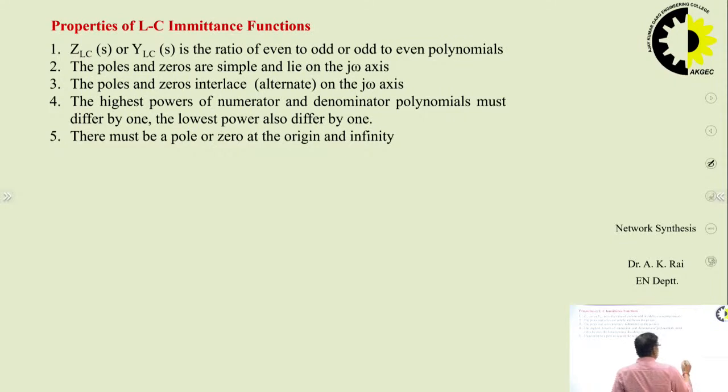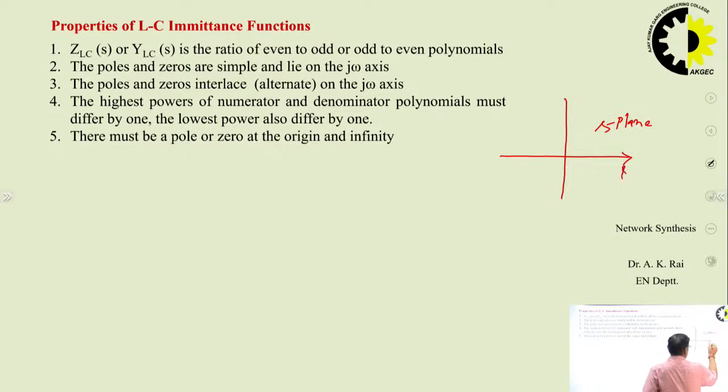Again I am drawing here, this is your S plane. This is your real S, this is your imaginary S. The first property is the ratio of odd to even polynomials. We can check with the degree of polynomials.